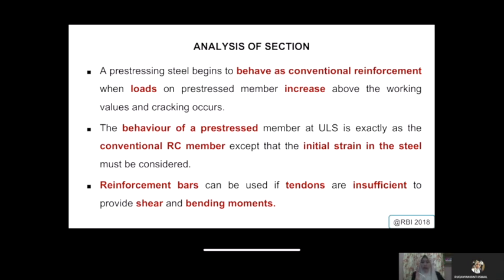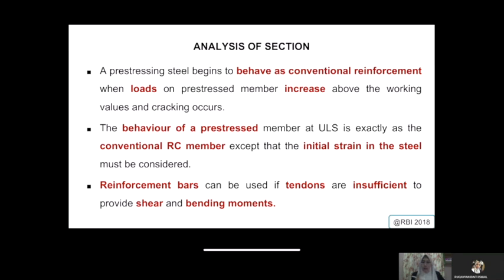But there is a condition whereby your tendon is insufficient, which means it cannot cater for shear and bending moment. So how do we know? To know whether our tendon is sufficient for shear and bending moment, we have to calculate and check the sufficiency of our tendon.